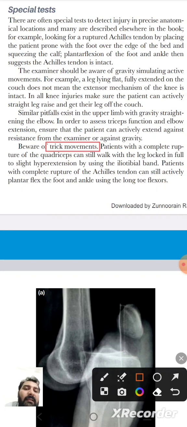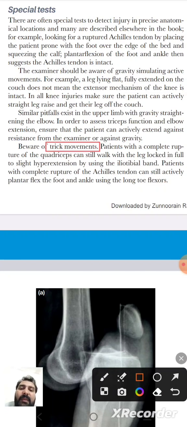For example, if a patient has complete rupture of the quadriceps, he can still walk with the leg locked in full to slight hyperextension by using the iliotibial band. He is getting the function of quadriceps to some extent with the iliotibial band. It is called trick movement, and the patient learns this over a period of time.